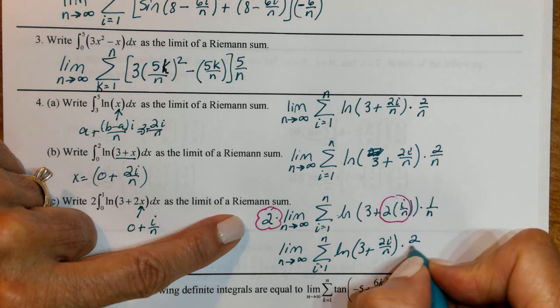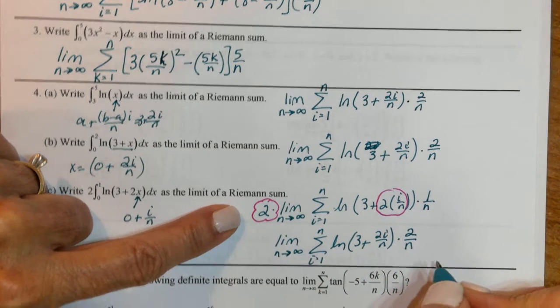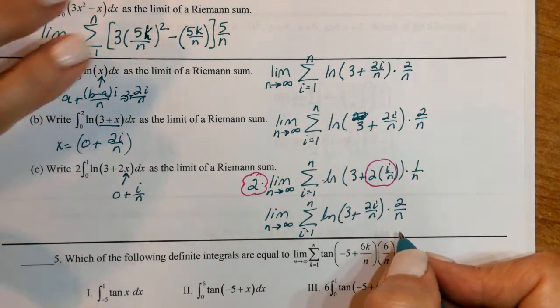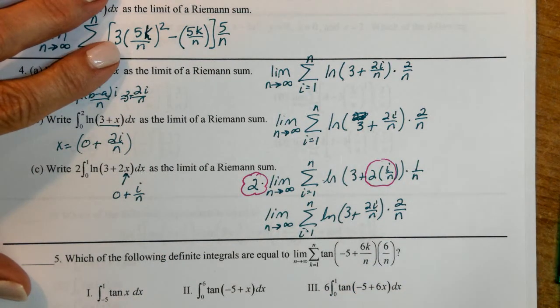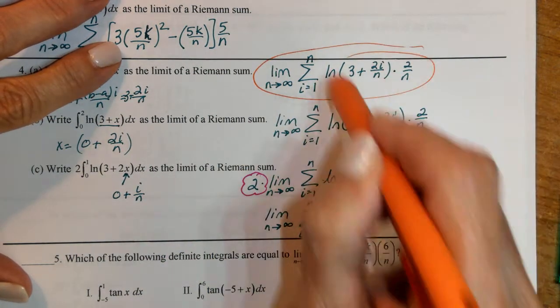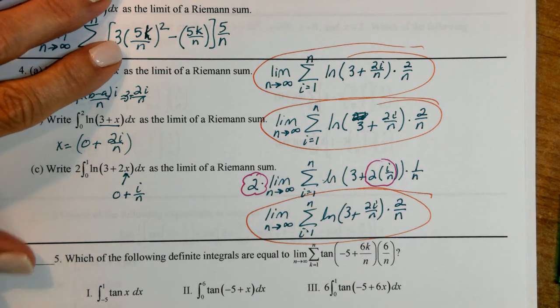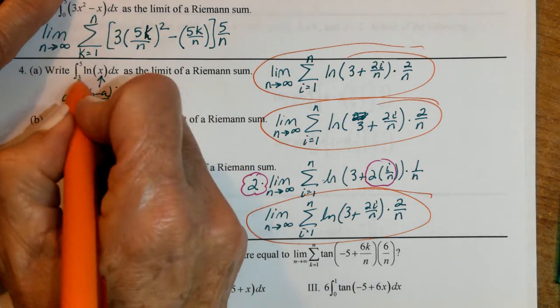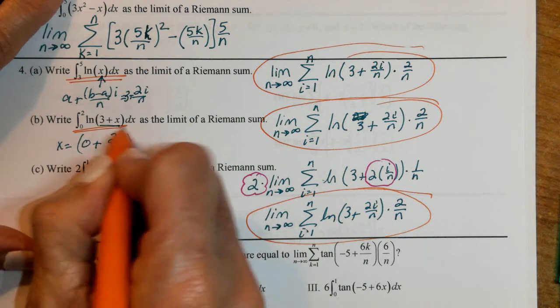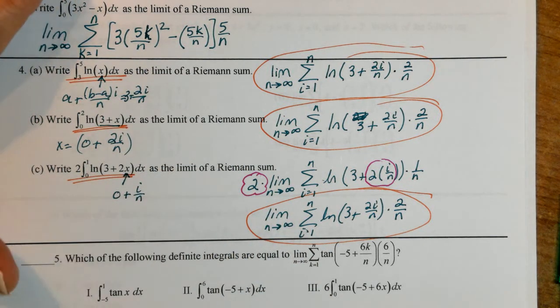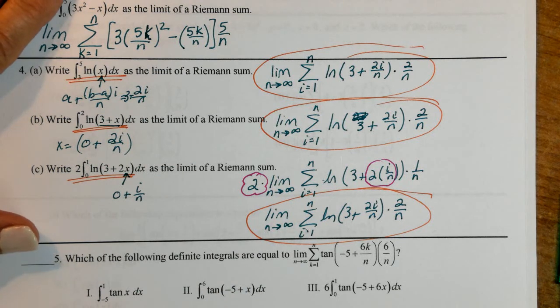I think I'm going to multiply it by that, because if I do, now I see all 3 of these can be written using the same limit of a Riemann sum. All three of these definite integrals have the same limit of a Riemann sum.